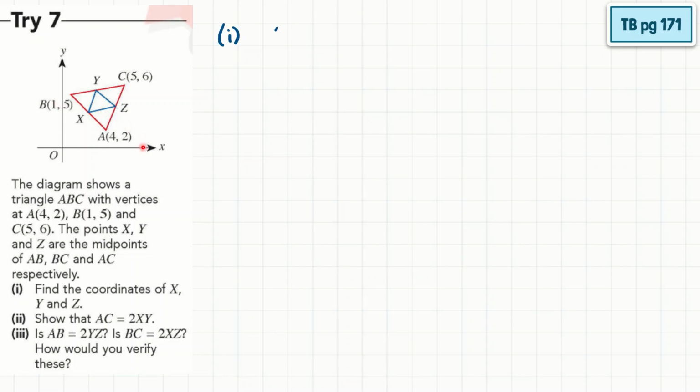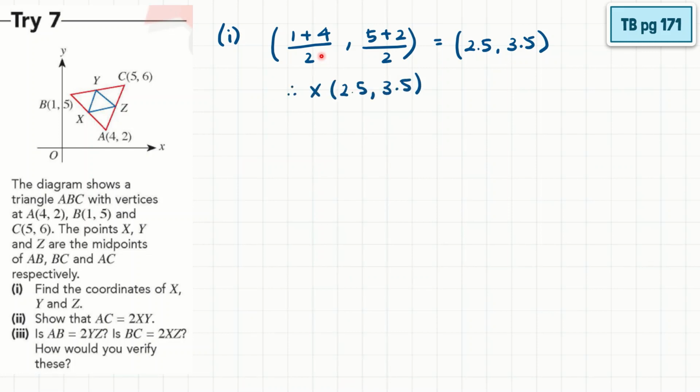In other words, we will have (1 plus 4) divided by 2 to get the x coordinate of X, and (5 plus 2) divided by 2 to get the y coordinate of X. Doing this calculation on our calculator, we get 2.5, 3.5, and that will be the coordinates of X.